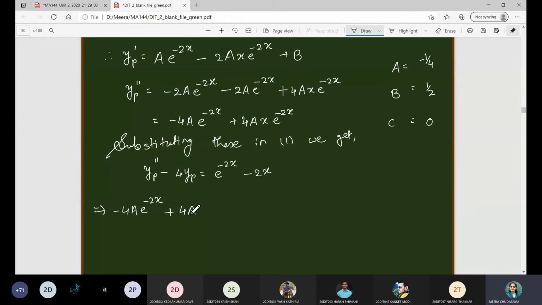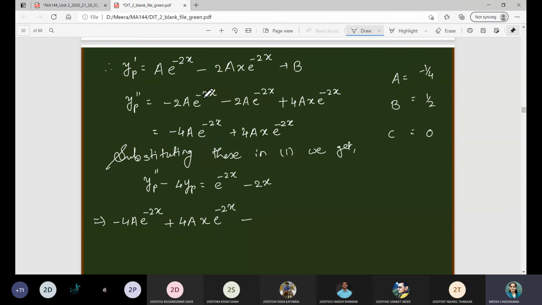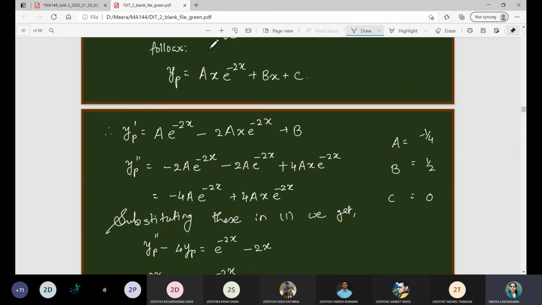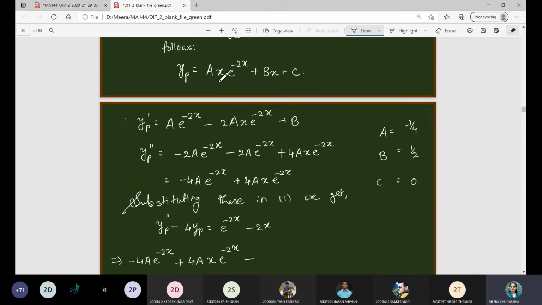Okay. I will complete it over here. So it is 4ax e raised to minus 2x minus 4yp. So yp I have to multiply it with 4. So minus 4ax e raised to minus 2x minus 4bx minus 4c is equal to e raised to minus 2x minus 2x, right?